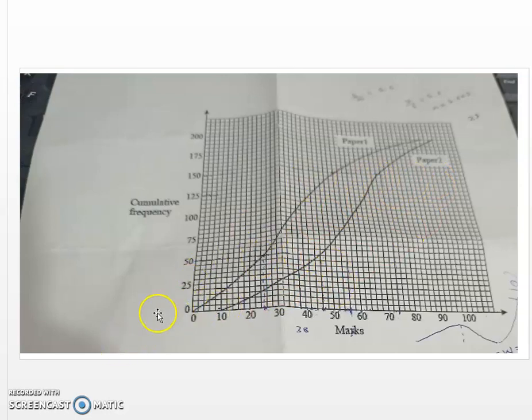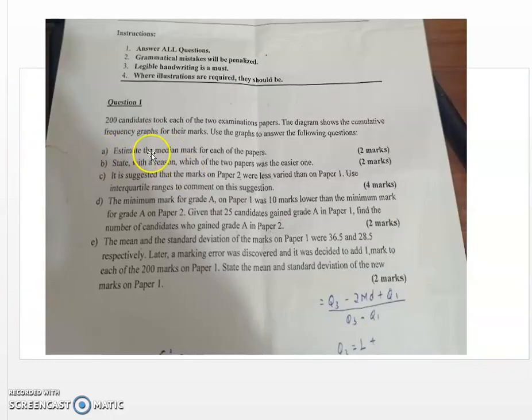It is not a straight line graph, and we have the marks ranging from 10 up to 100. So we are to use this graph to find the estimate of the median mark for each of the papers.